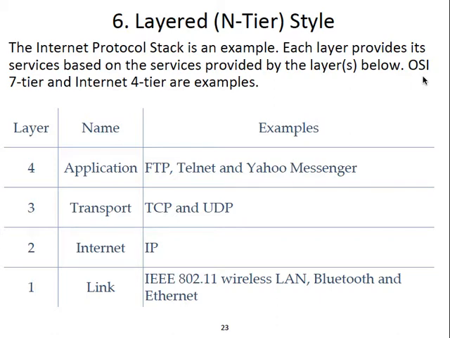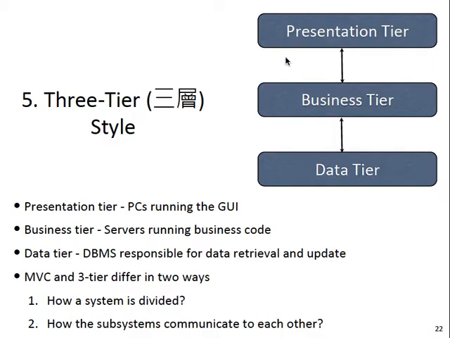But the problem with having many tiers is efficiency, because you have to make so many levels of calls, and then each level returns up, and it actually slows things down quite a bit.